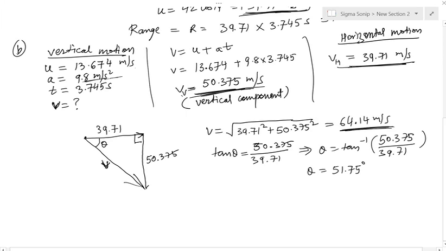Now merely finding the angle is not enough. We need to put it in a proper frame with the proper reference. So I will say V is equal to 64.14 meters per second, 51.75 degrees below horizon. I can see here, because this is my horizon and this is my velocity, it is below the horizon.